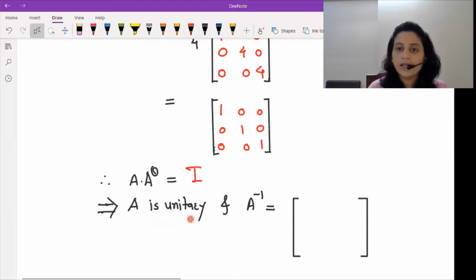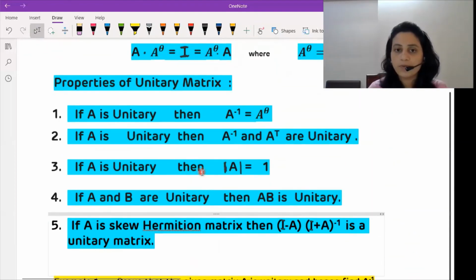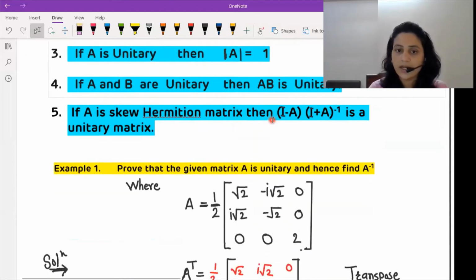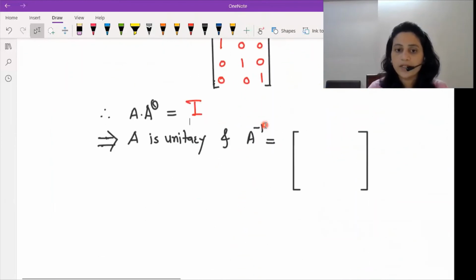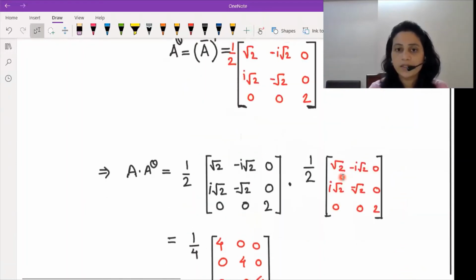By the property of the unitary matrix, the first property, if A is unitary, then A inverse is always equal to A theta. So in this condition, because our A is unitary, our A inverse is nothing but A raised to theta. We have found this here.